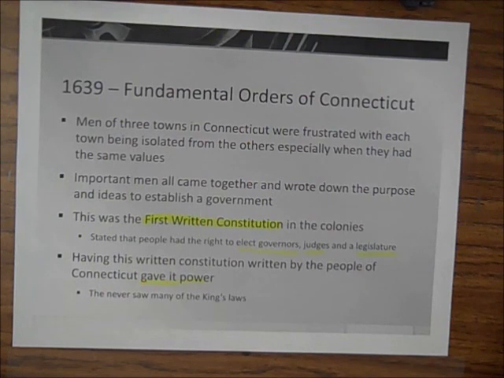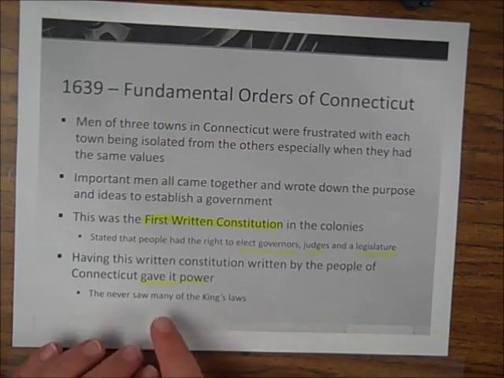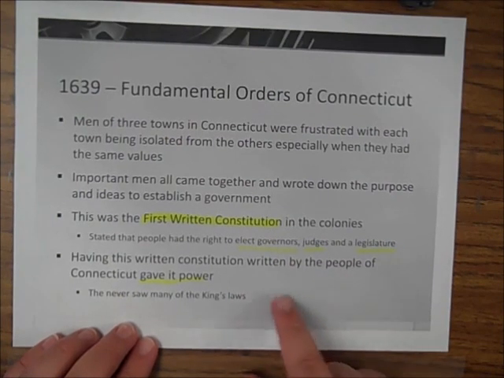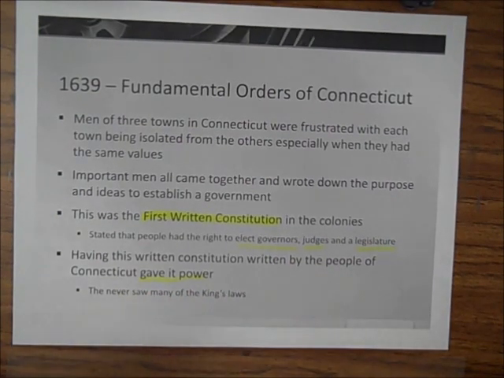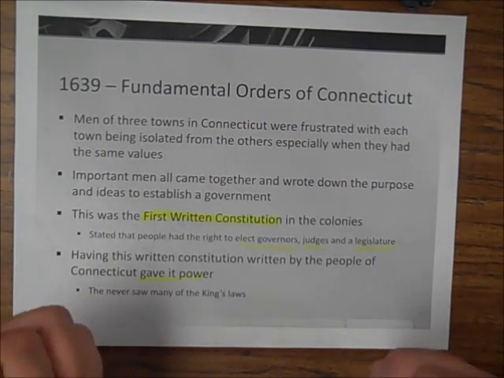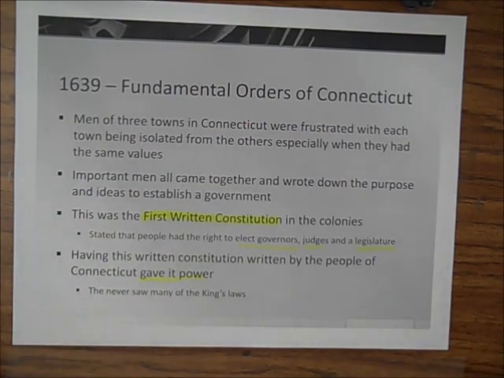This Fundamental Orders of Connecticut was very important because it was more powerful than some of the other laws that they had created. Because a written constitution written by the people of Connecticut was different than the laws given by the king. You see, they could hold this and have this and refer back to it. And so it made the people of Connecticut follow it even more because they could see it and touch it and read it for themselves.